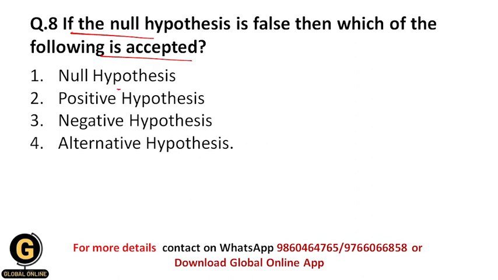Whether we accept again null hypothesis, positive hypothesis, negative hypothesis, or alternative hypothesis. So obviously students, whenever the null hypothesis is false, in that situation we automatically accept the alternative hypothesis, and that's why your correct answer is 4, that is alternative hypothesis.